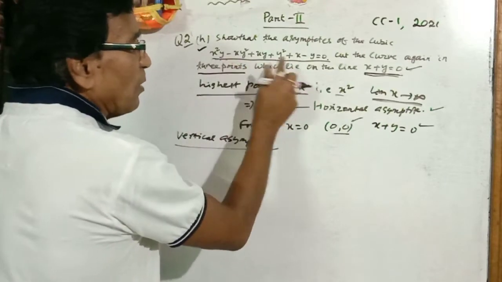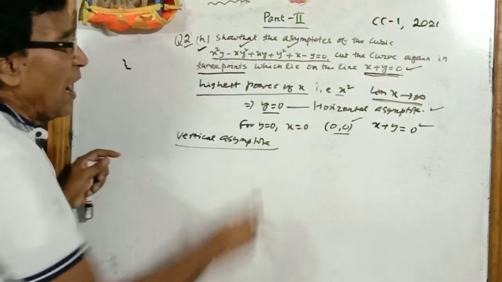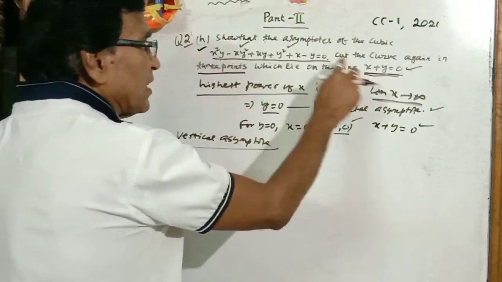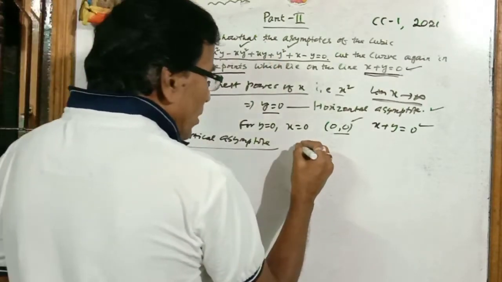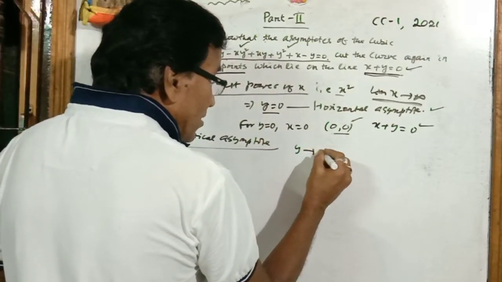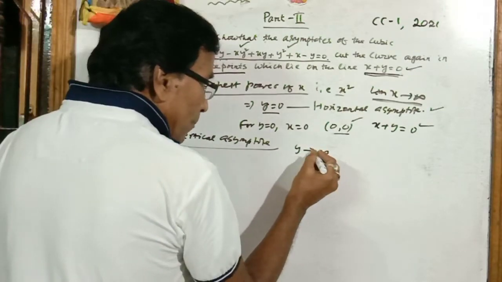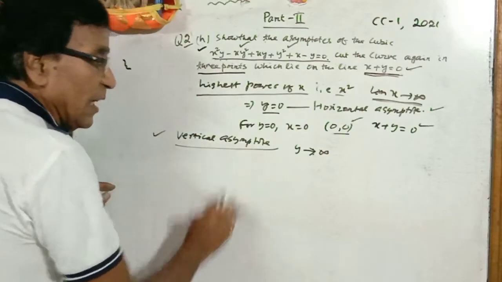What is the highest power of y in this equation? Here it is y square. So you have to divide this entire equation by y square, and you have to take the limit y tends to infinity. When you take the limit y tends to infinity, that will give you the vertical asymptote.